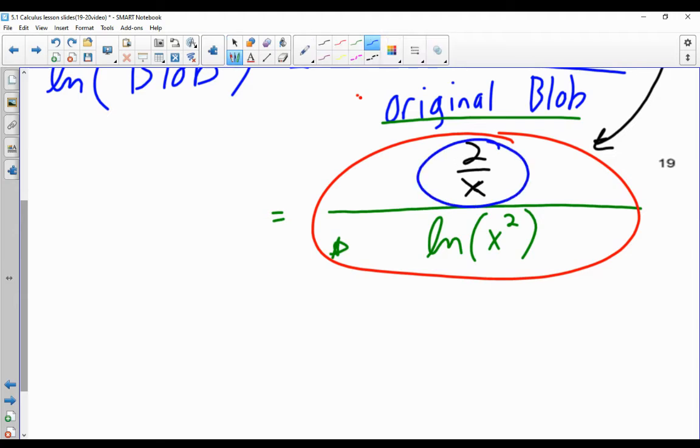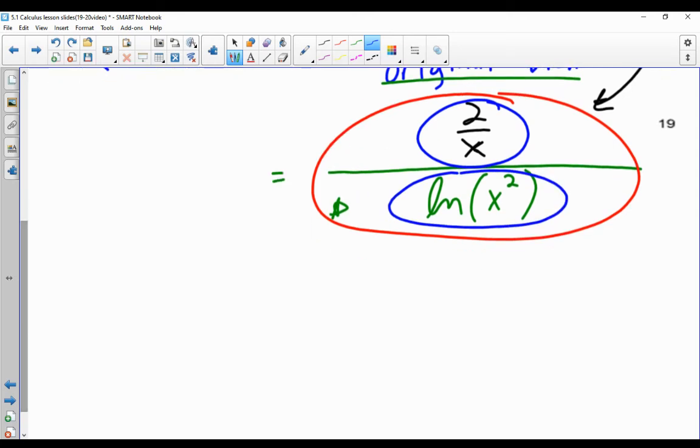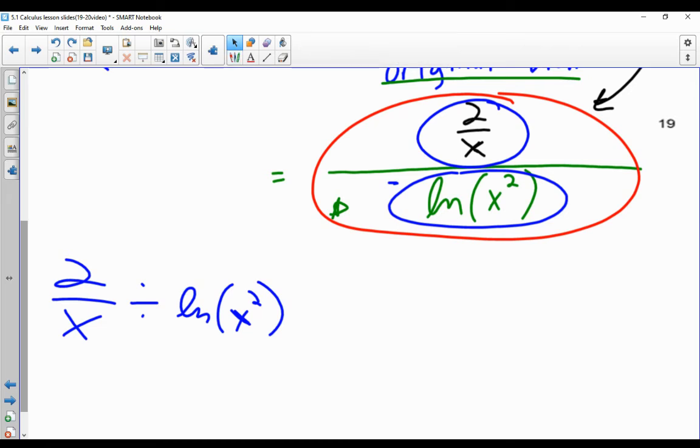Let's think of it as we're taking 2 over x and we're dividing it by this natural log. So 2 over x, divided by natural log x squared.